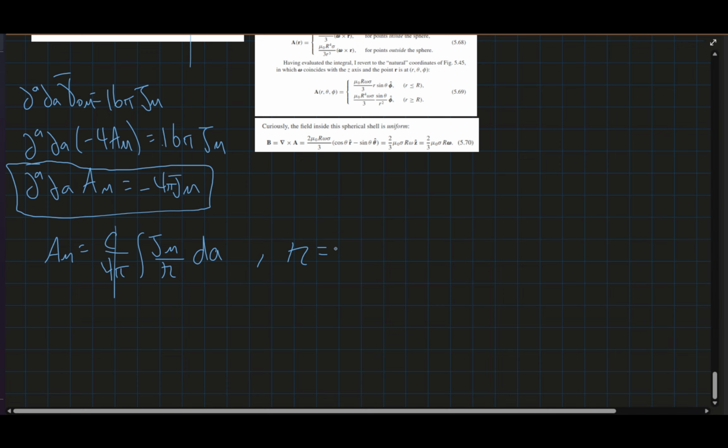So we'll just write down that script r is the square root of r squared plus r prime squared minus 2 r r prime cos theta. And remember that the area element is going to be r squared sine theta d theta d phi, because this is a spherical shell.